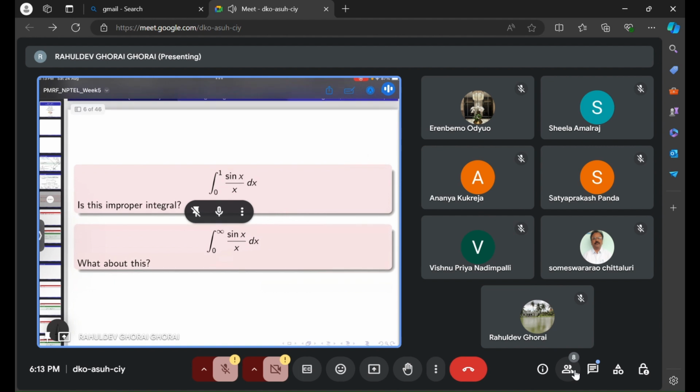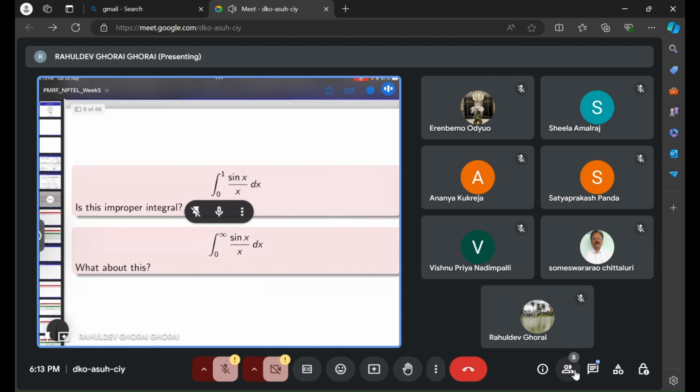So now, depending on the definition of improper integral, can anyone tell me whether this is an improper integral? First one. What about this? Is it an improper integral?